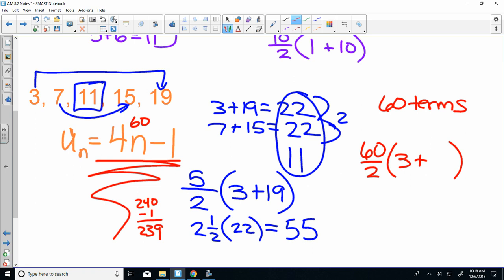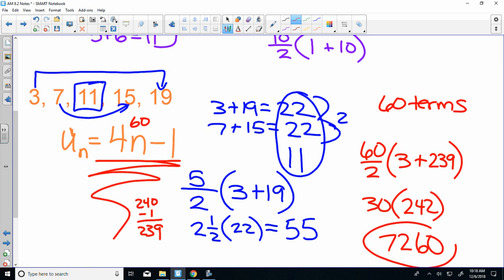So the 60th term is 239. And 239 plus 3 is 242 times 30. And that will get you 7,260 is your answer. So the sum of the first 60 terms would be 7,260.